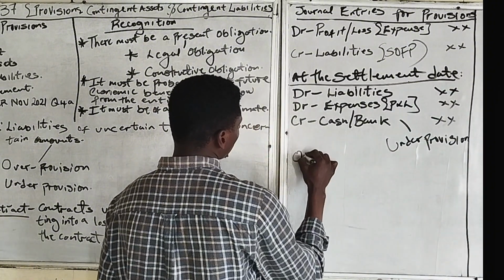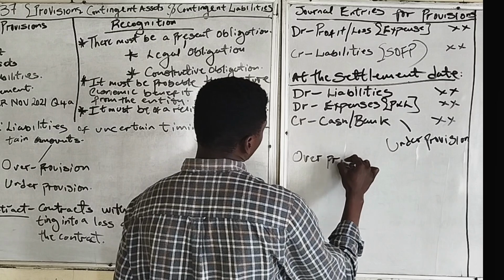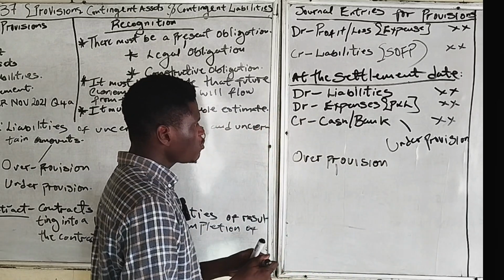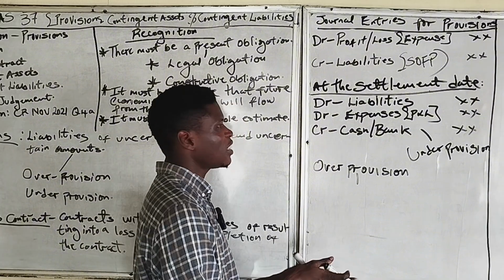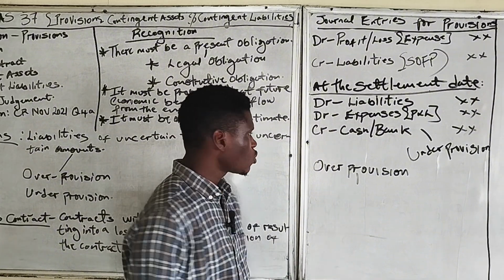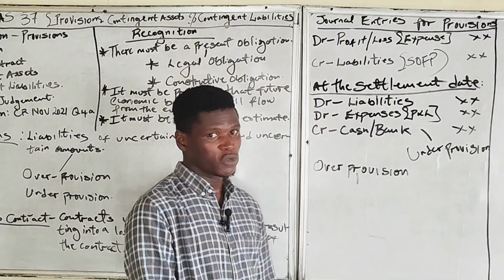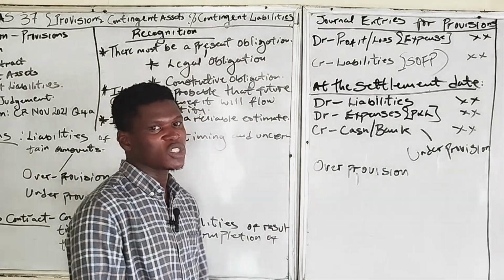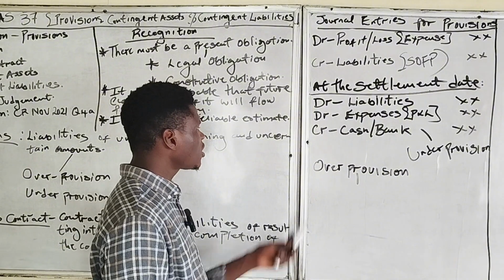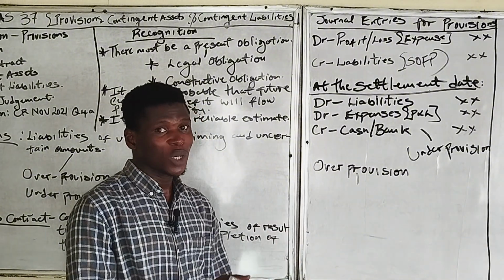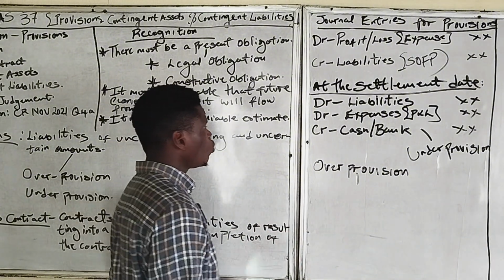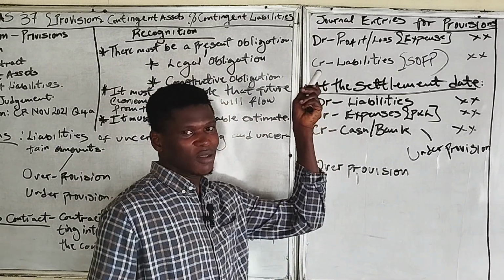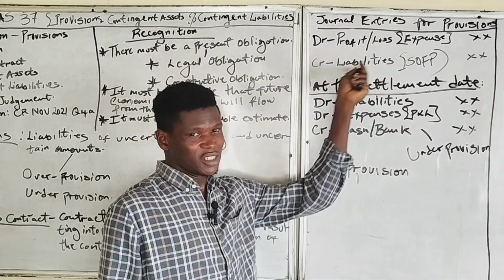So in case of over provision now, over provision means we have made an allowance more than what we eventually paid. So we have overestimated our provisions. That's just the meaning. It means we have made an allowance for something which we paid a lower amount for. So in the case where we paid an amount lower than what we have provided for, we will debit the provisions we previously recognized as a liability at the initial stage.